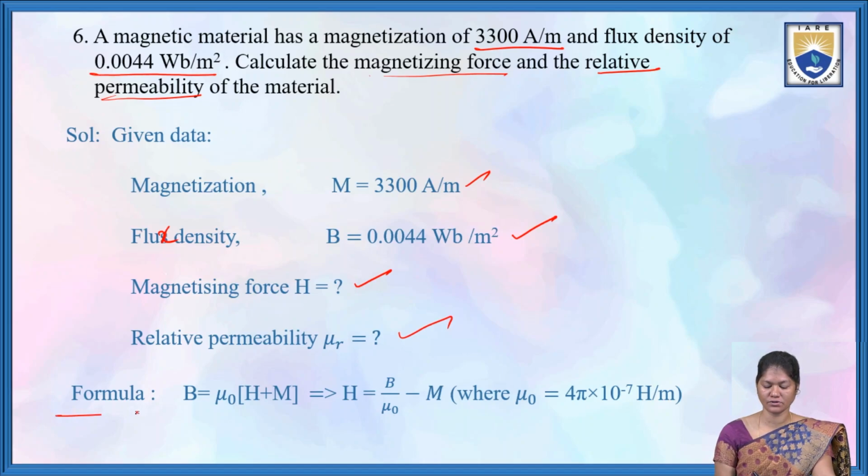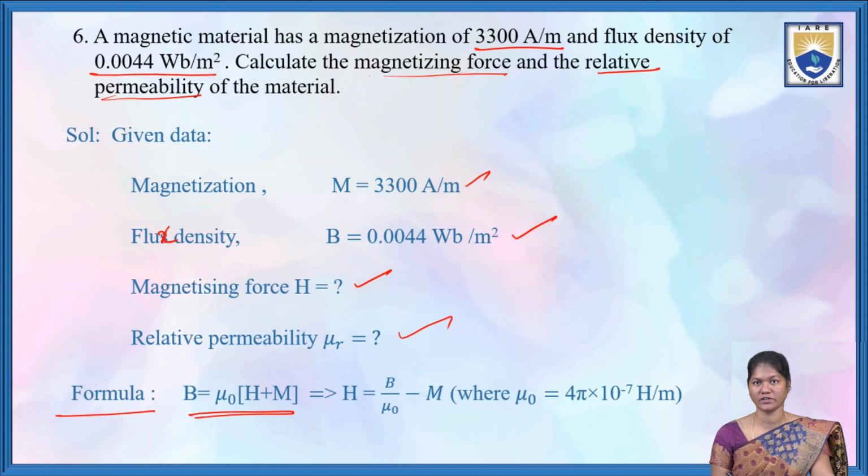The formula for magnetic flux density is B is equal to mu naught into H plus M. We need to calculate H. We are taking the formula related to magnetic flux density, because the magnetic flux density value has been given.